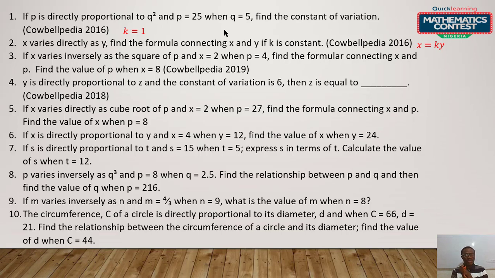If x varies inversely as the square of p and x is 2 when p is 4, find the formula connecting x and p. You have to get the formula first. When you get the formula, then you find the value of p when x is 8. 30 seconds to get the relationship between them, 30 seconds to get the value of p.